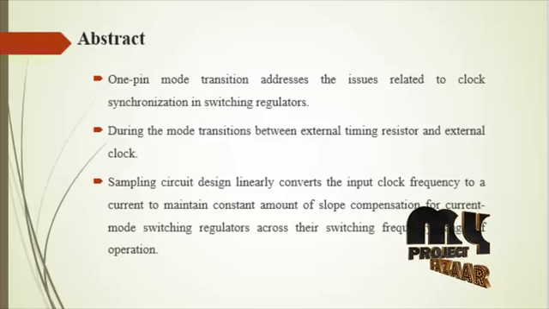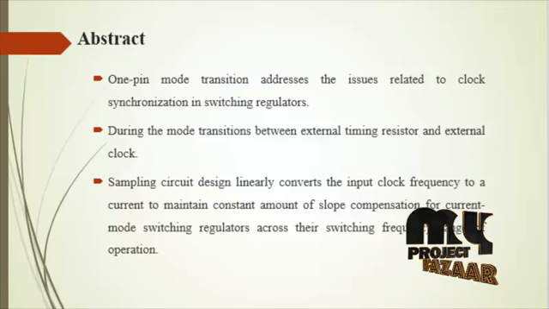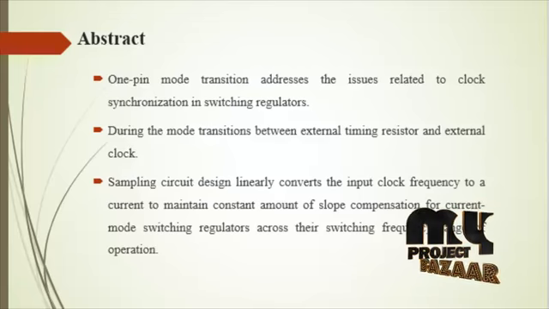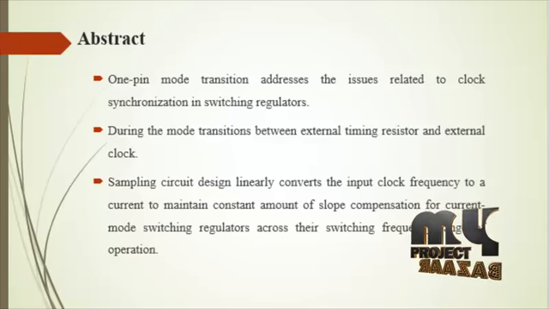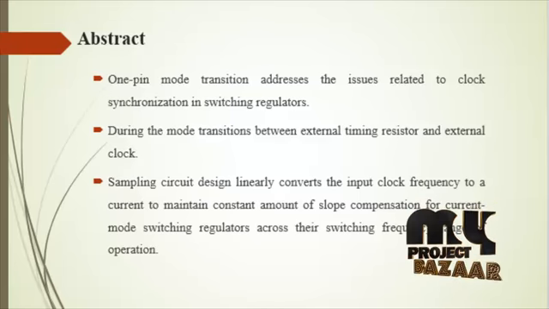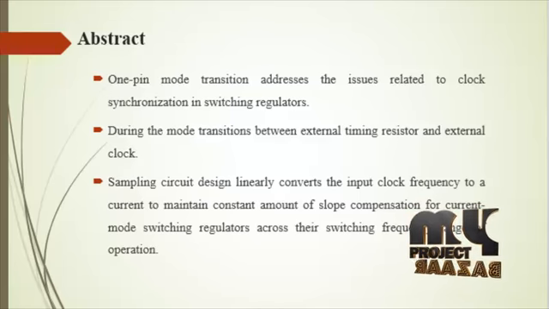The proposed circuit reduces the circuit complexity needed to achieve mode transition during synchronization by utilizing switched capacitor and sampling design techniques. It linearly converts the input clock frequency to a current to maintain a constant amount of slope compensation for current mode switching regulators across their switching frequency range of operation.